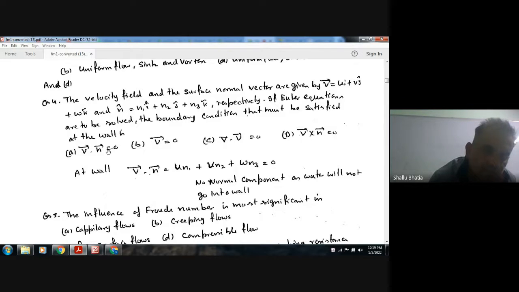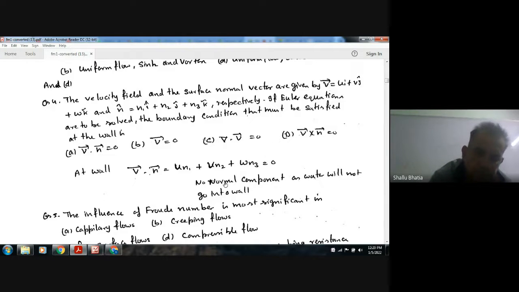V dot N is V n cos theta. As the angle with the normal vector is 90, cos 90 is 0. So it should be 0. In other words, V dot N is v n1, v n2, and w n3, and there is no normal component of flow into the wall.